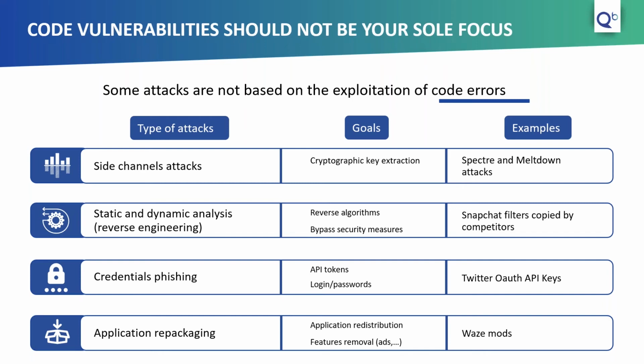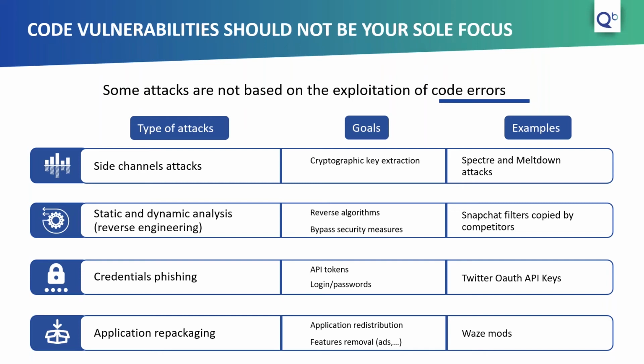One of the most famous examples is the Spectre and Meltdown attacks, which were possible because of some design flaws that were intended to make computers and computation go faster.